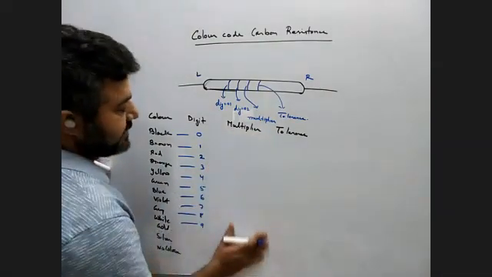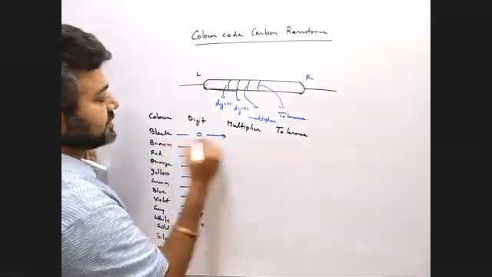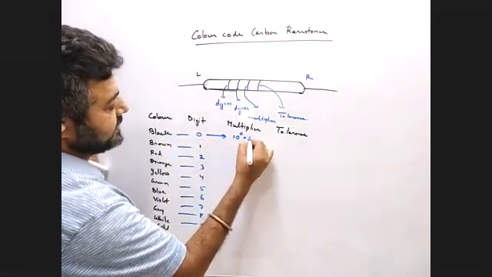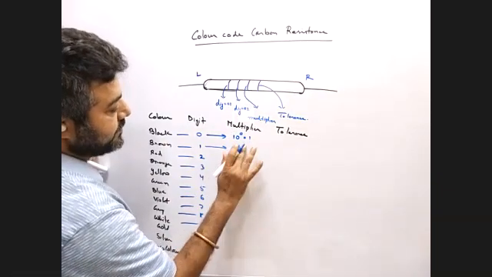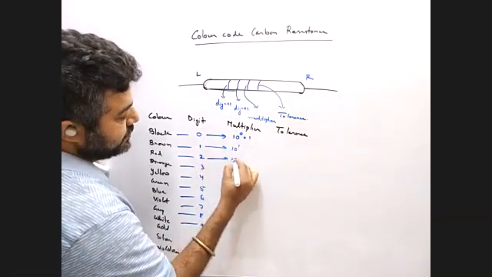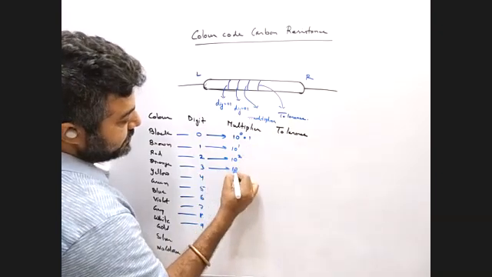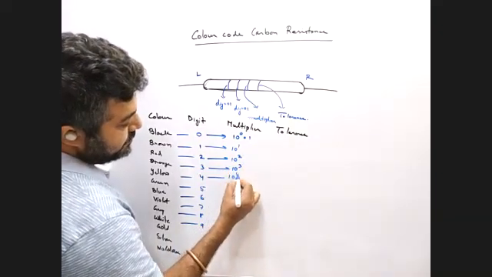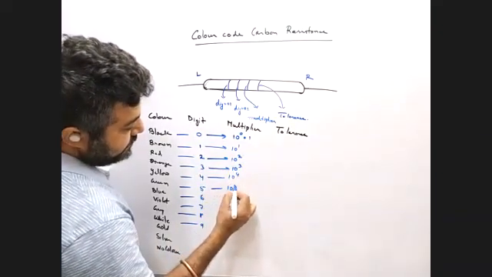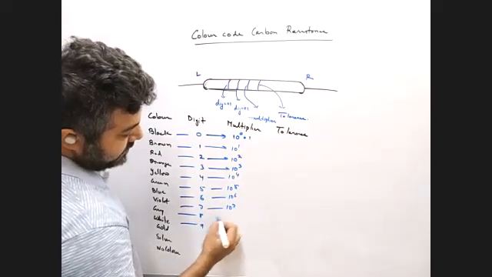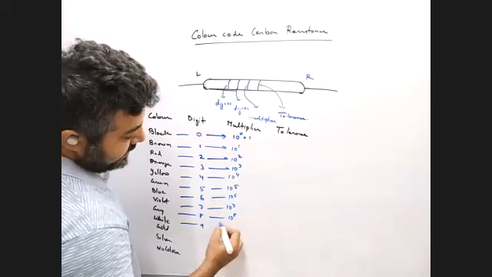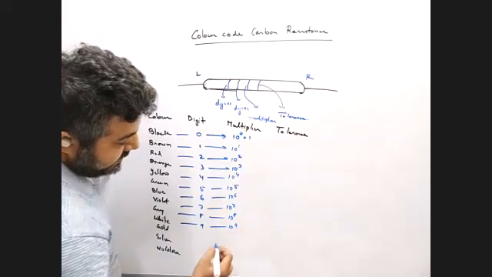Now the multiplier: this is 10 to the power 0, you can write 1. This is 10 to the power 1, 10 to the power 2, 10 to the power 3, 4, 5, 6, 7, 8, and 10 to the power 9.